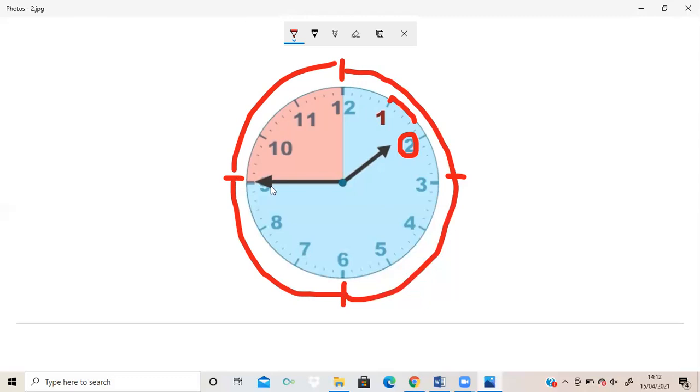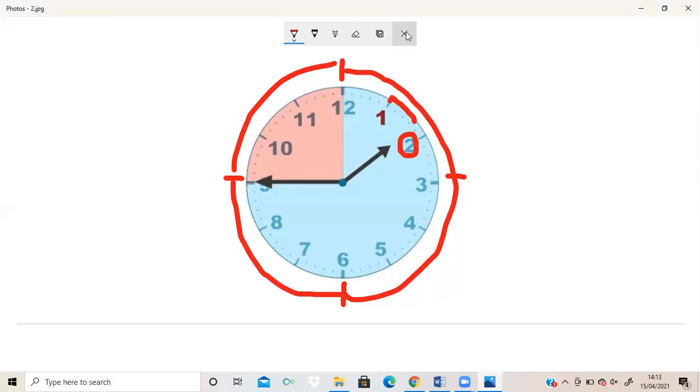So this is a new way of telling time, because before you learned o'clock, quarter past, and half past, but this time you're learning quarter to, and it is different timing. It's quarter to 2, because before you learned quarter past 1 or half past 1, and this time we count the next hour, because the minute hand has already completed its three quarters journey and one quarter is left. That's why we always count the next hour.